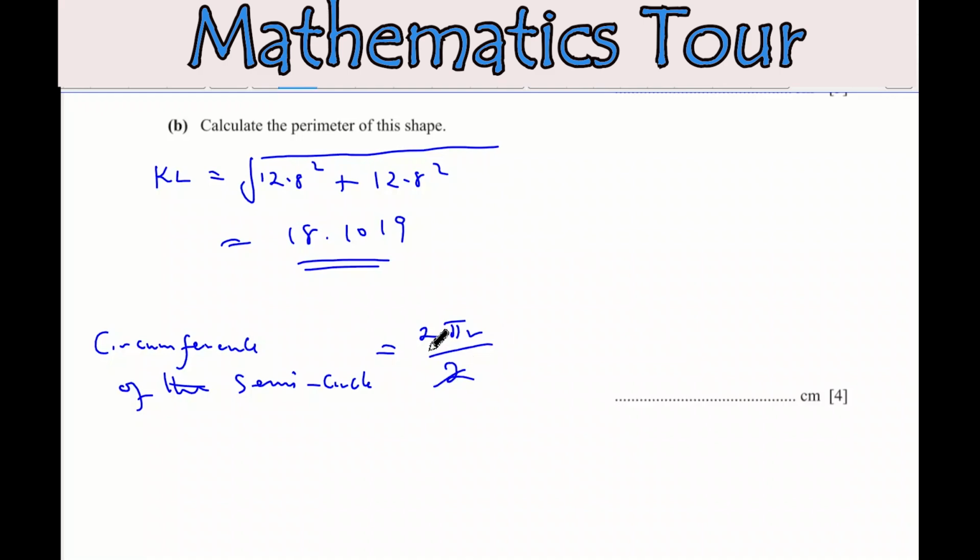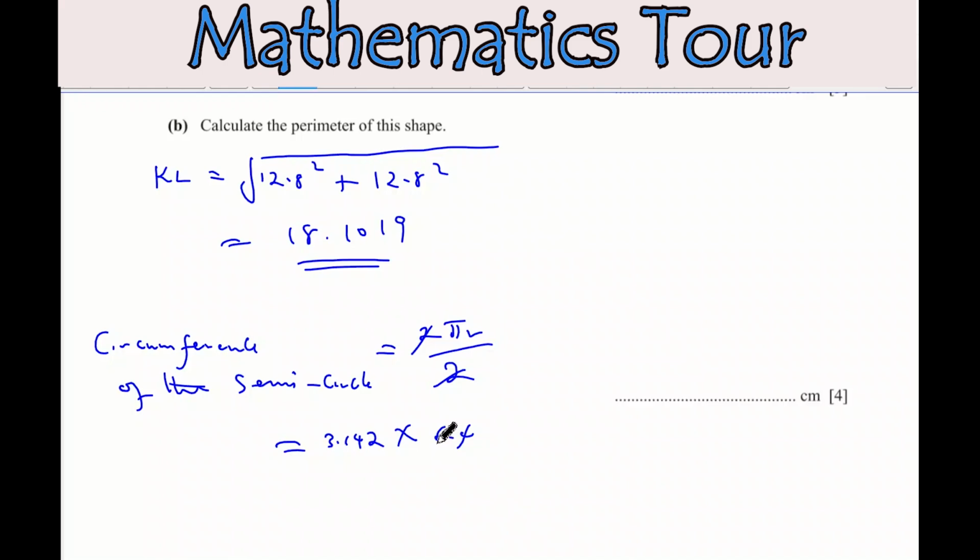So 2 will cancel 2, and I just have pi r. So that will be equal to 3.142 multiplied by the radius. So the radius is 6.4. Okay, so that is what you need to do.